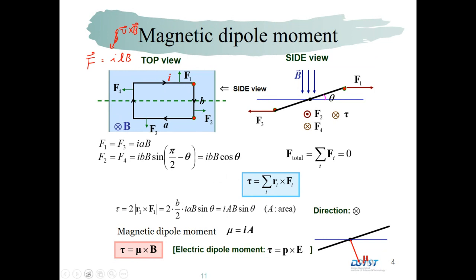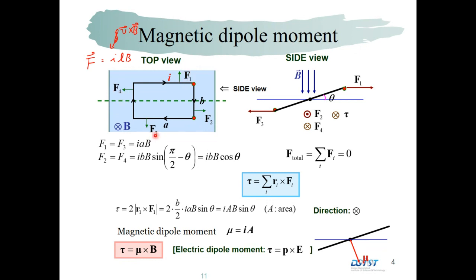With this force, we have a current here, and the magnetic field is perpendicular to this current. The force acting on this segment, called F1, is in this direction. And you can easily imagine the force acting on this segment, F3, is pointing in the other direction. F2 is in this direction, F4 is in this direction.